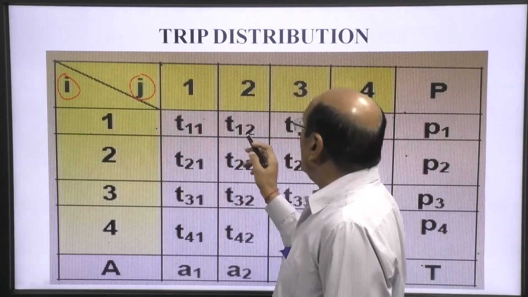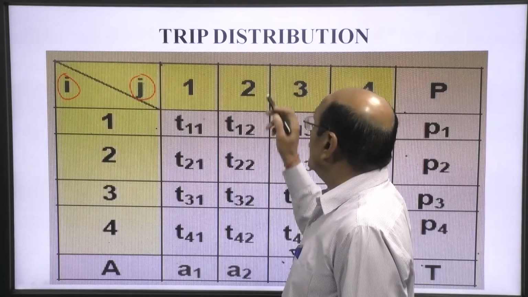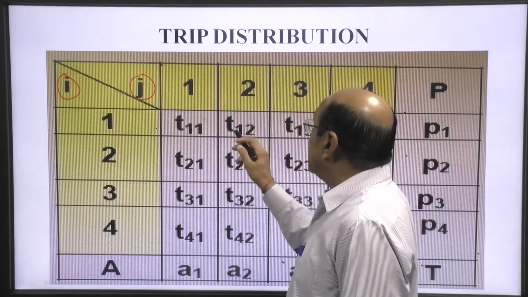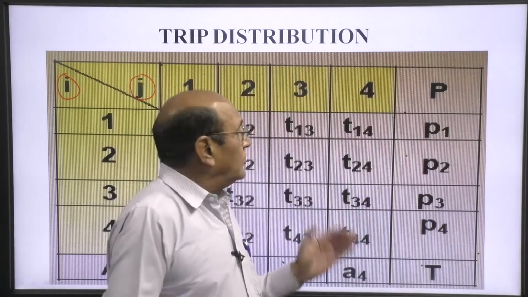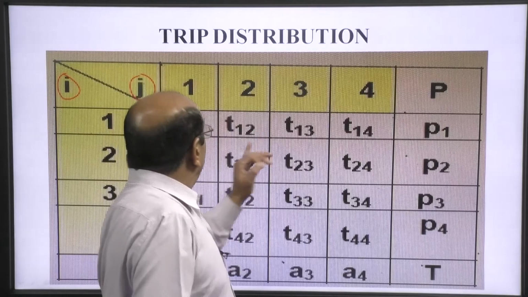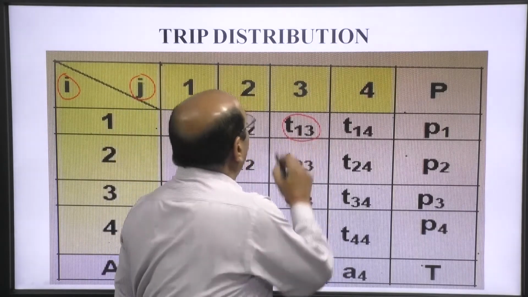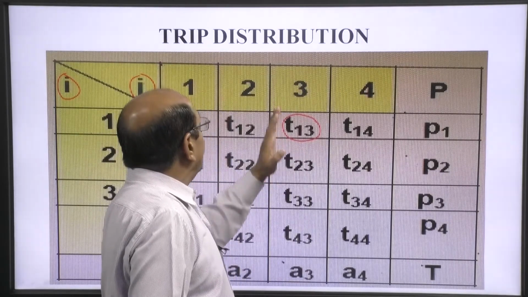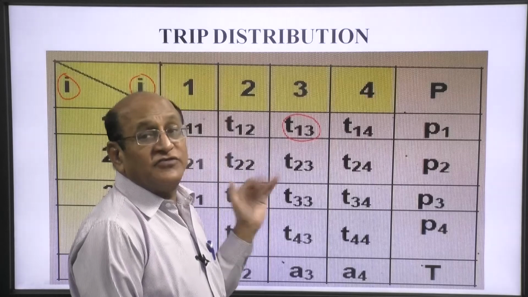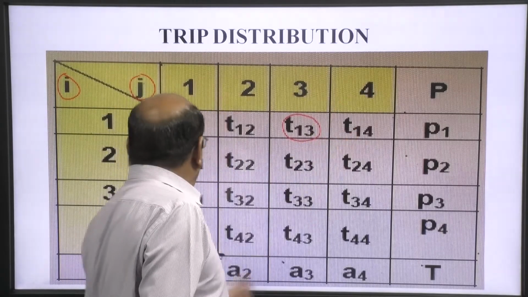Zone 1 to zone 2 means there are attractions in zone 2, so this will be T12. Like zone 1 to 3, T13 means some trips are attracted in zone 3, like zone 4, T14 and so on.